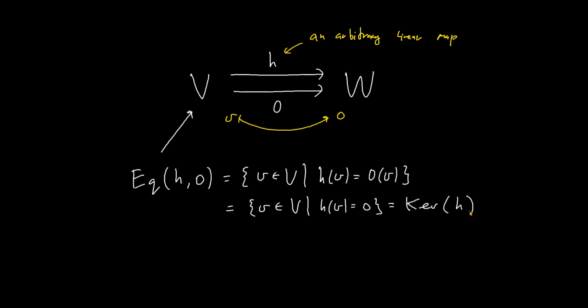And this could be happening in the category of sets, but we could also think of this happening in the category of vector spaces. So we are now able to define the kernel of a linear map just using the language of the category of vector spaces. And of course, we know that in linear algebra, kernels of linear maps are very important things.